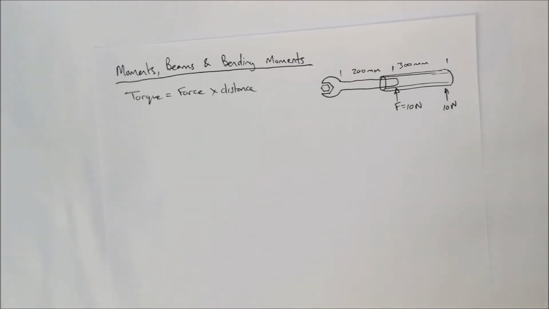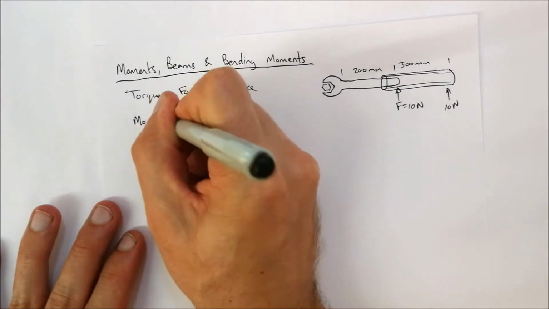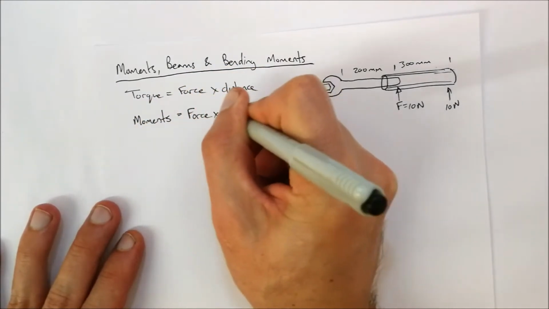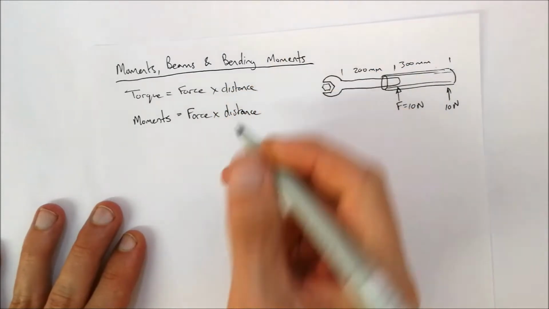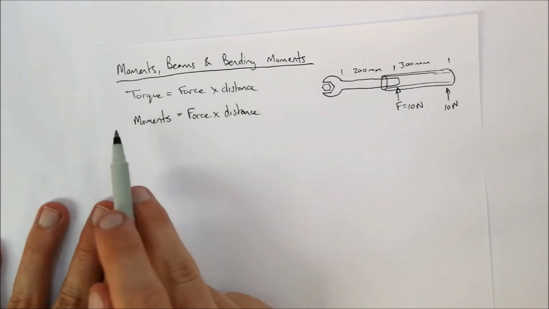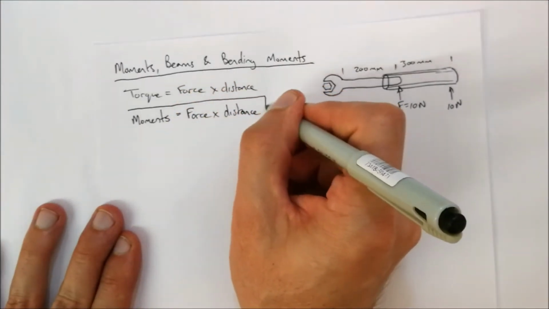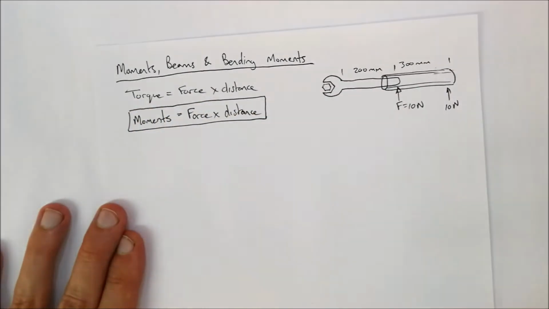Okay, so moments is equal to force times distance. So it's very similar to your torque equation. This is the important equation that we're going to be dealing with throughout this video.